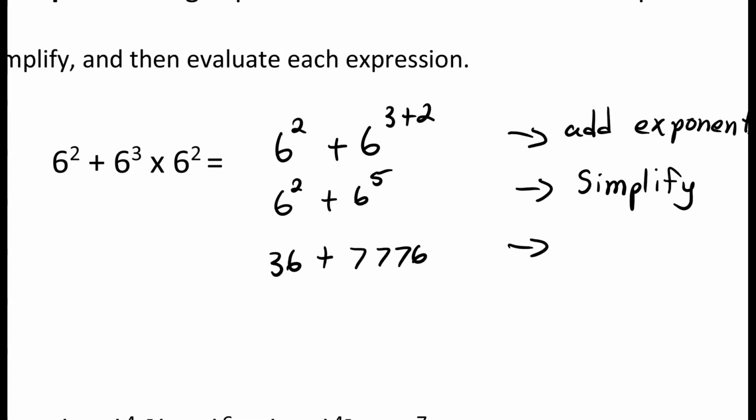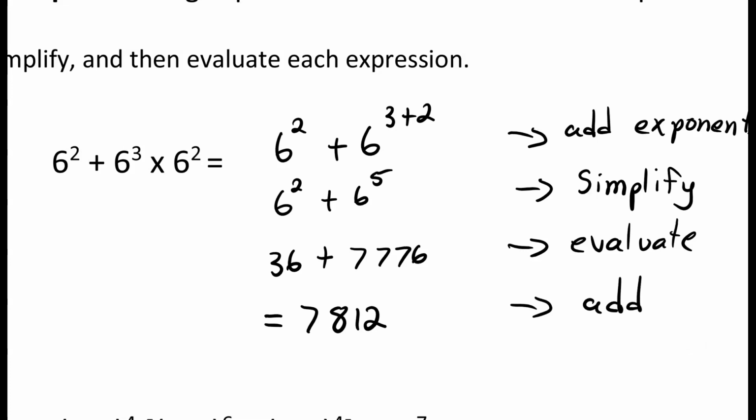We're going to continue to evaluate here, and we're taking 36 plus 7,776, and we get 7,812. So what we did is we added it together.